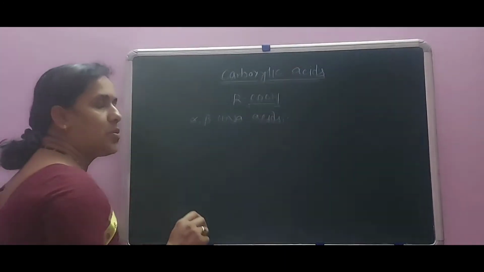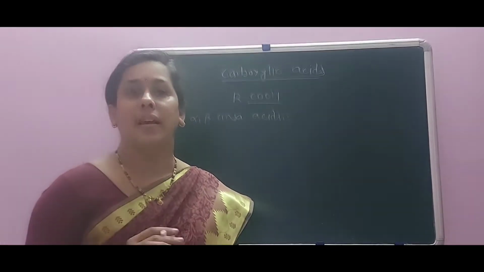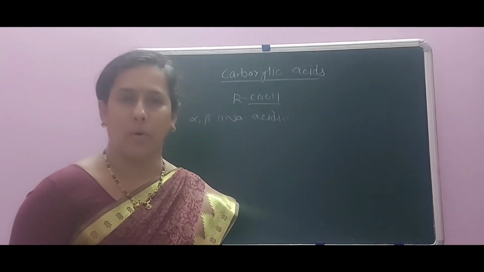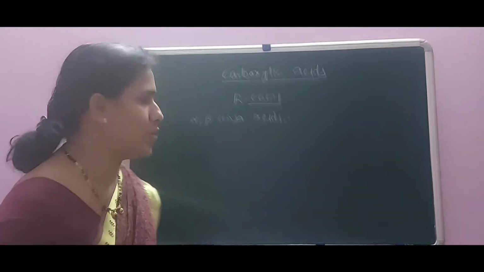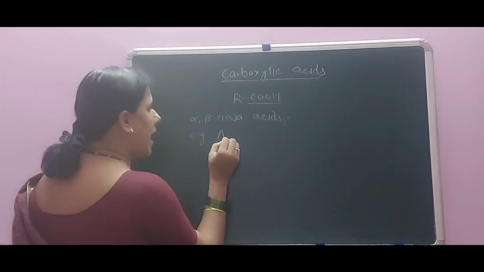Unsaturated means what? That is, the acids which contain a double bond, which means unsaturation. For example, first is acrylic acid.